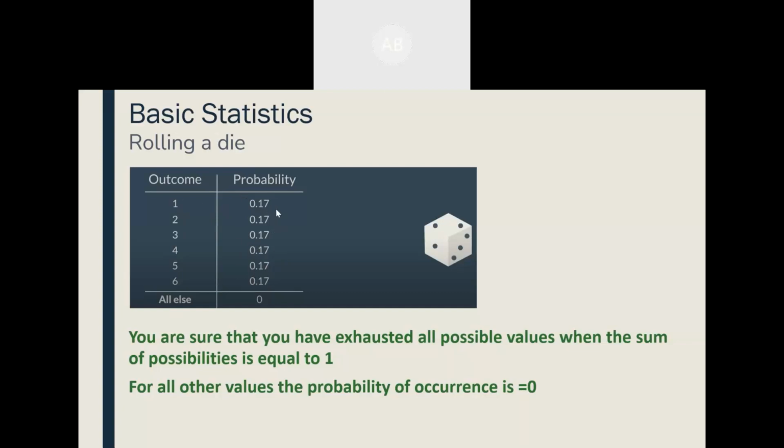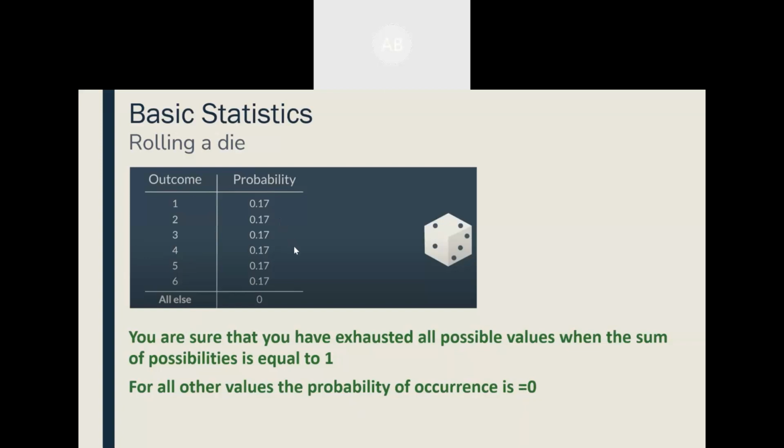When you add up all these probabilities, the total will be 1. So you can say you are sure that you have exhausted all possible values when the sum of possibilities is equal to 1. For all other values, the probability of occurrence is 0. So we have only 6 discrete values here, in case you are rolling a die.